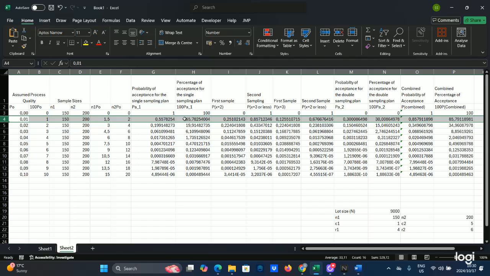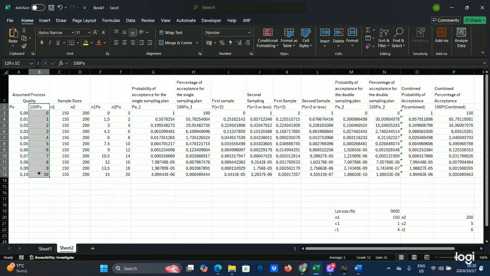And then after we're done, we plot our OC curve, right? So we factor in 100 P0, the probability of acceptance for the first sampling plan, and the probability of acceptance for the second sampling plan.